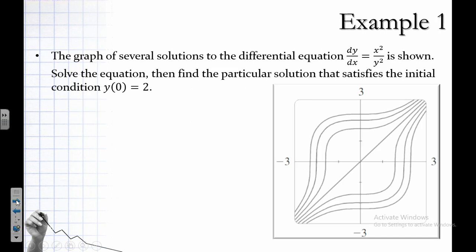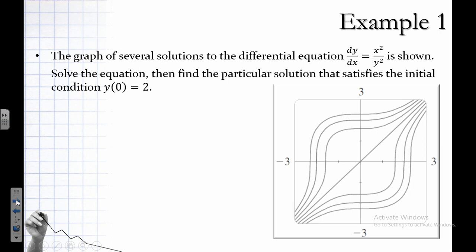So first example, dy/dx is x squared over y squared. And I'm showing you multiple solution curves to that differential equation. There's like 1, 2, 3, 4, 5, 6, 7.